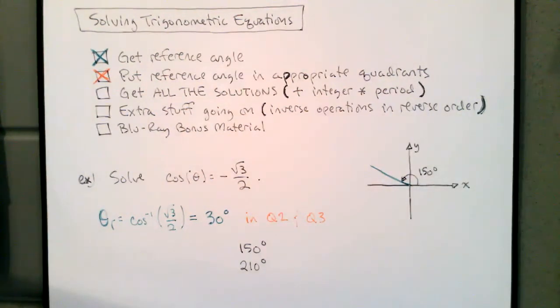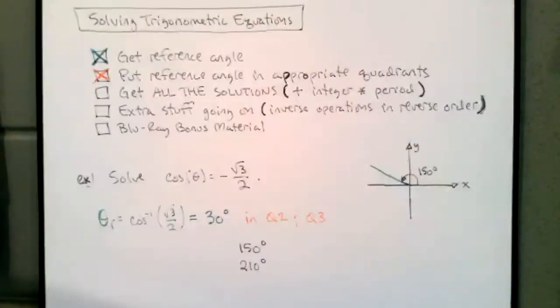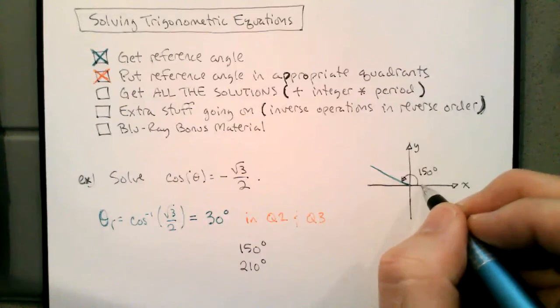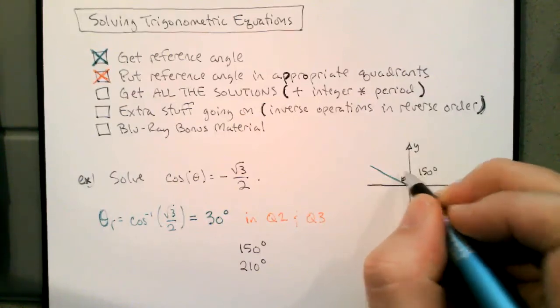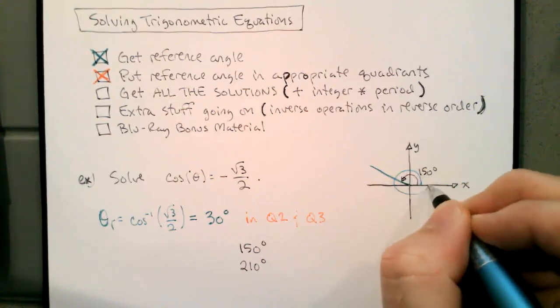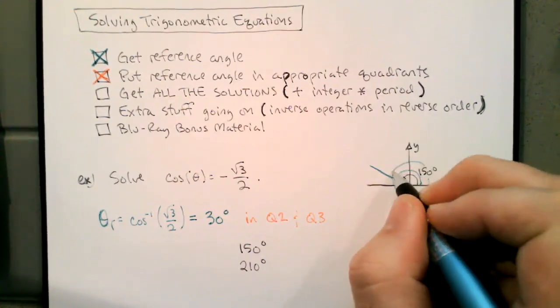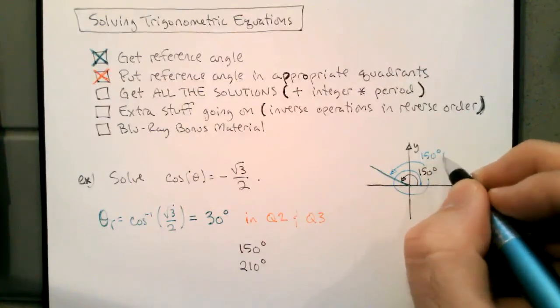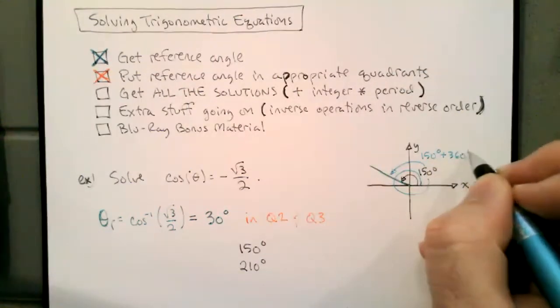But there are infinitely many coterminal angles. So I can go not just straight to 150, I can go all the way around. I can start at the positive x-axis, go all the way around, pass go, collect $200. And that would be 150 that we started with, plus one full circle.